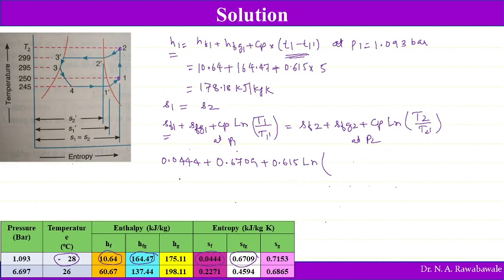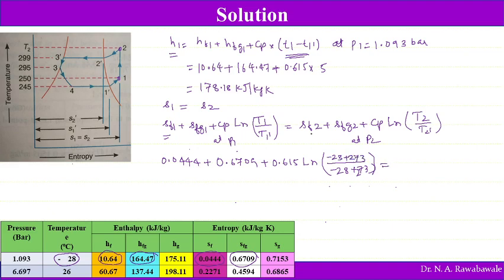T1 dash is given in this problem at the lower temperature, which is minus 28 degrees Celsius, so minus 28 plus 273. In the numerator we take T1 as 5 degrees higher, so minus 28 plus 5 is minus 23, minus 23 plus 273.